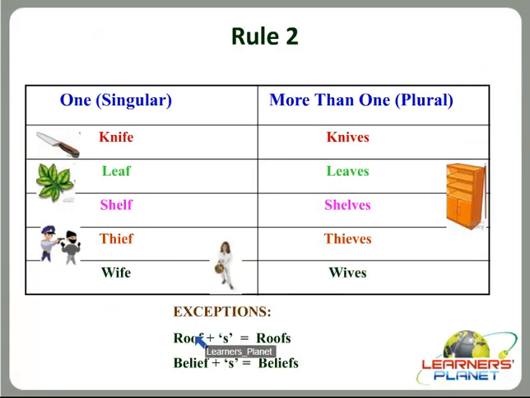Roof, F should be changed to VES, but in these cases, to your F you just add S. Roofs. So roof plus S becomes roofs. Leaf becomes leaves. Alright students, you must know the exceptions. Now let me take you to the next slide.